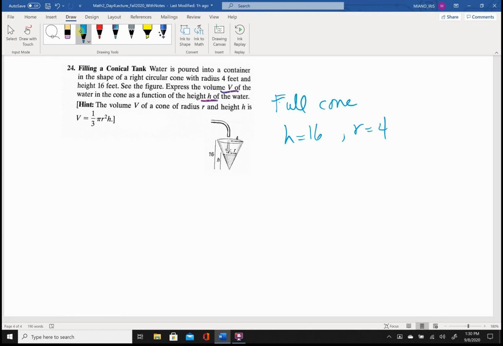So that means we can highlight this relationship and have it replace one or the other variable in the volume formula in order to come up with this volume function in terms of just one of the variables, in this case h. So can we rewrite h in terms of r, or vice versa?